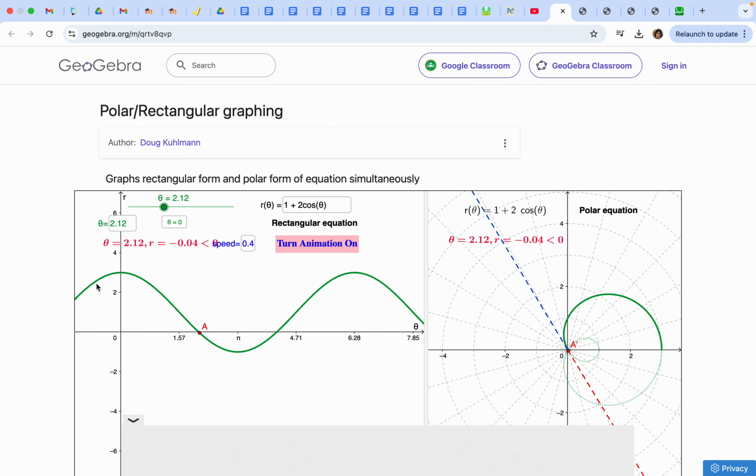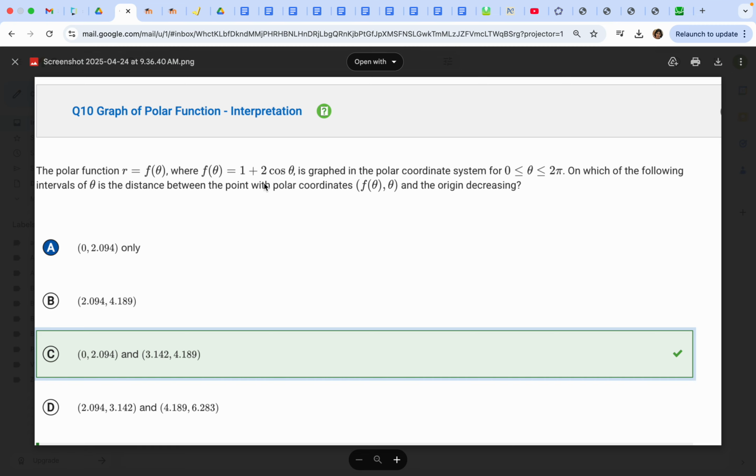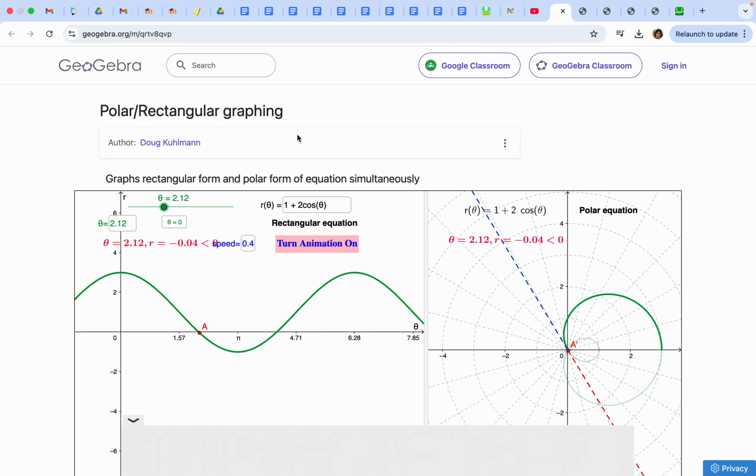So the interval between 0 and this value, now this is a little bit different function, right? This isn't the exact same one, I don't believe. Let me go back to the question. Oh, it is. It happens to be the exact same one, but that was by chance, right? So we're coming back to this point, and now we're going away from it to a certain point, right there, or a little bit before.